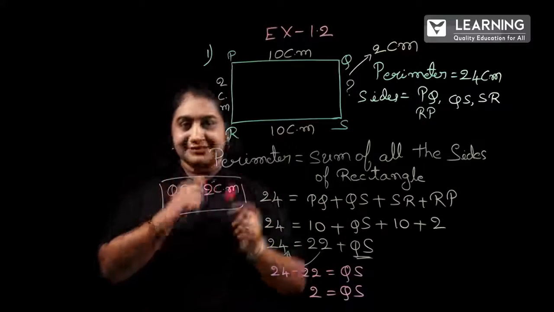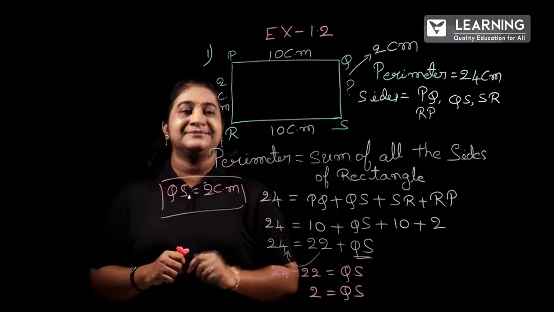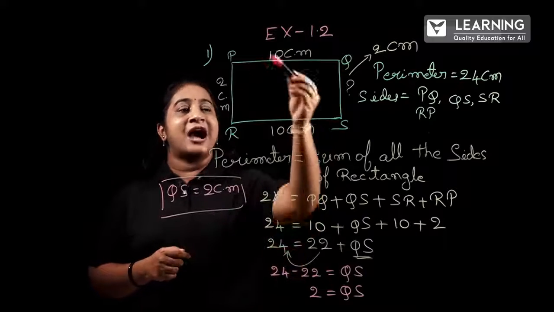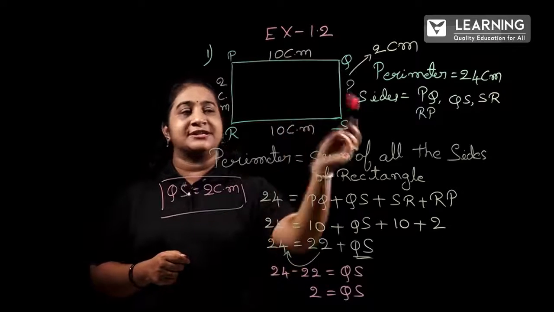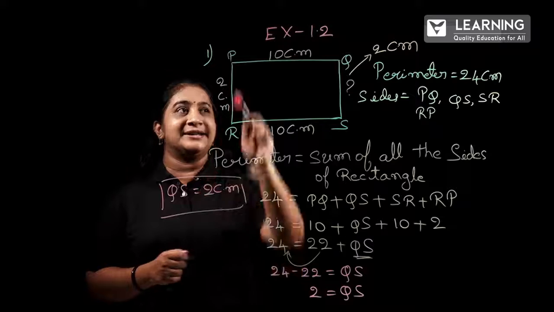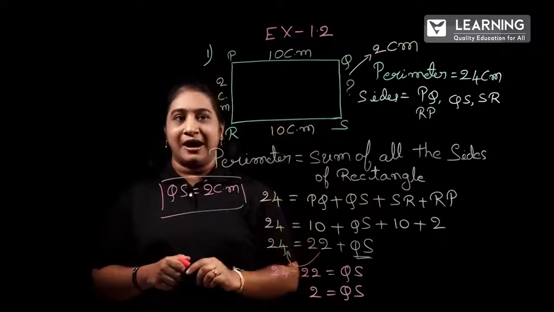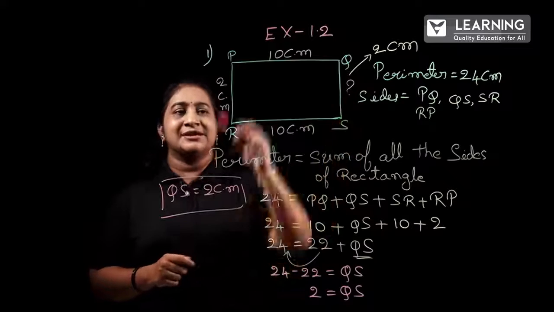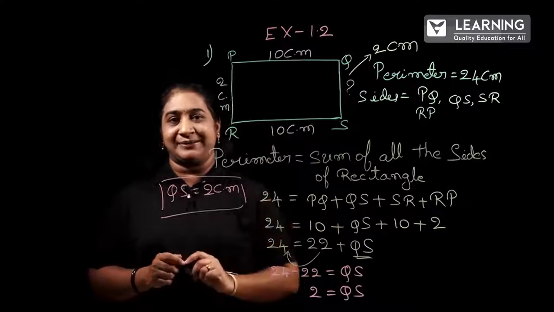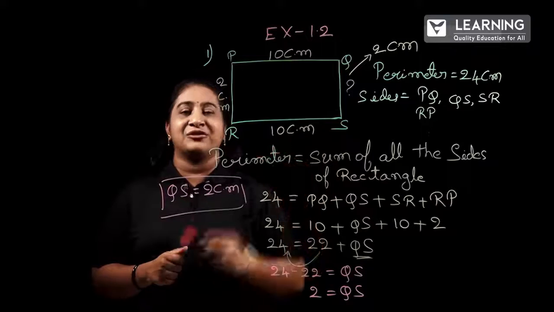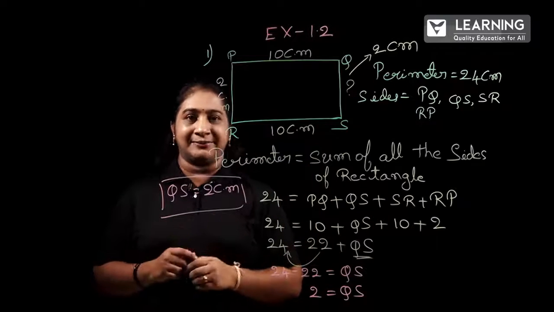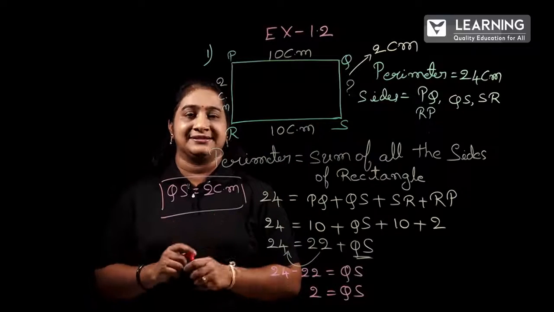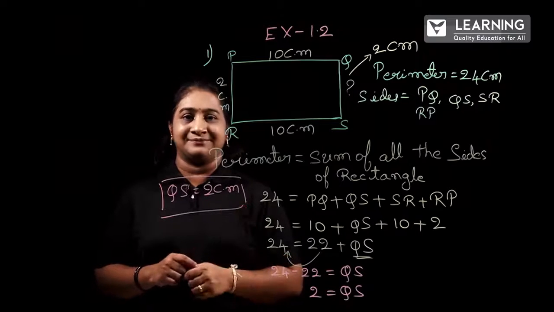I told, what is the property of rectangle? In the rectangle, the opposite sides should be same. That is, PQ is equal to RS. Same way, PR is equal to QS. If the value of PR is 2 centimeter, the value of QS is also 2 centimeter, right? Yes.